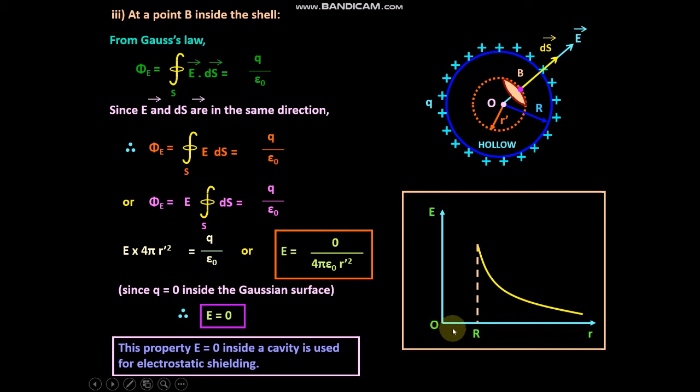So from 0 to radius of the sphere, electric field strength is 0. But after reaching the radius, means surface of the sphere, it slowly decreases in this fashion, and slowly it decreases like this. So this graph is very important. Please keep this in mind. Thank you.